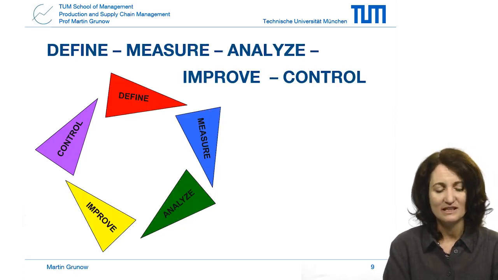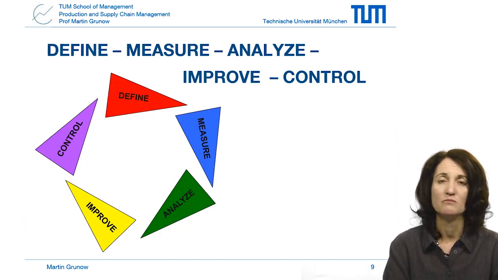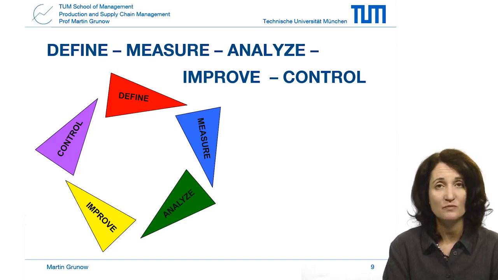So here we see the entire cycle one more time. In a Six Sigma company, defining Six Sigma projects, we start with define. We define the voice of the customer. We set up our teams. We move to measure, where we're measuring our critical to quality parameters and identifying parameters that will influence these critical to quality parameters.